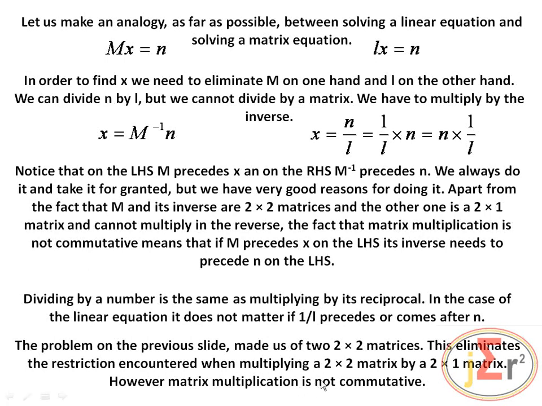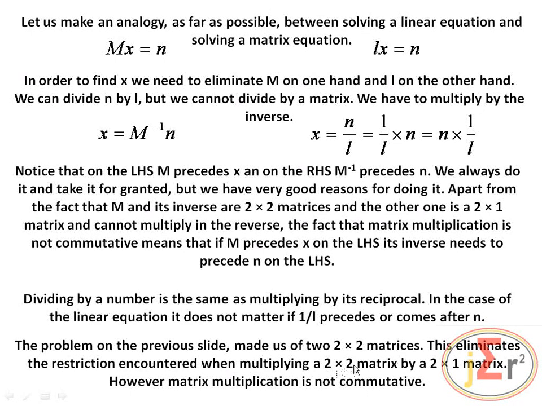Now, what I'm saying is that if we are multiplying a 2 by 2 by a 2 by 1, because of the order of the matrices, the 2 by 2 must precede the 2 by 1. The problem that we have does not make use of a 2 by 1. It makes use of 2 by 2s. But it matters where we put the inverse of the other matrix.